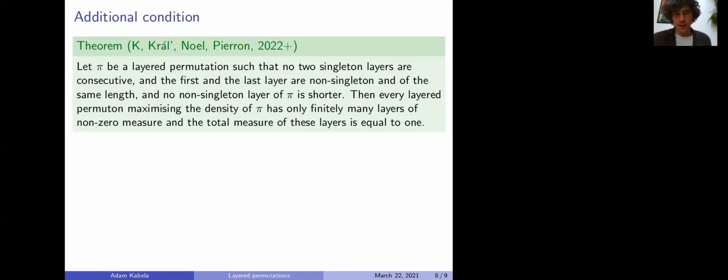We can prove that for a layered permutation such that no 2 singleton layers are consecutive and the first and last layer are non-singleton, so these are the original assumptions of the original conjecture, the additional assumption being that the first and last layer are of the same length and no non-singleton layer is shorter, then we can show that the conjecture is true in the limit version.